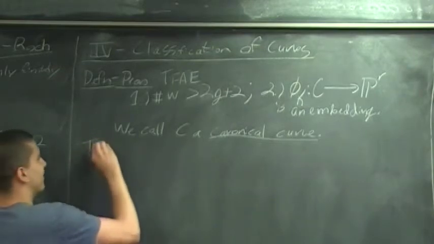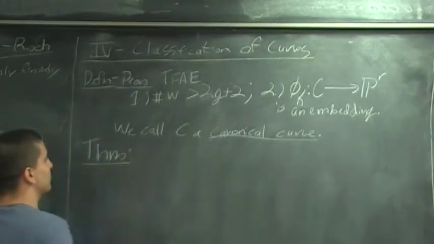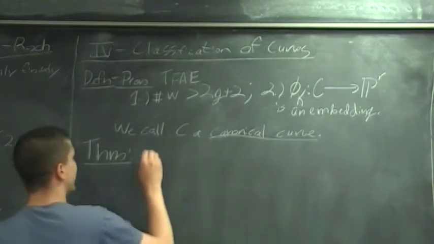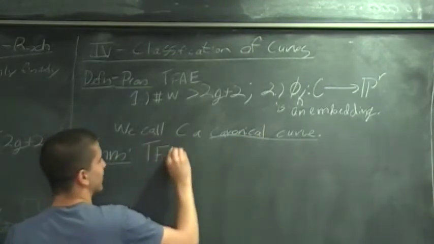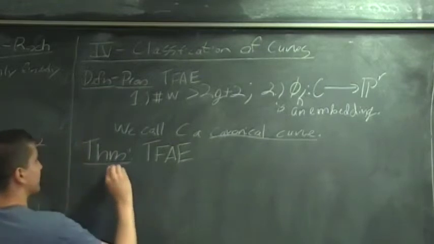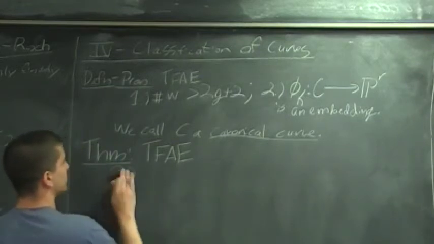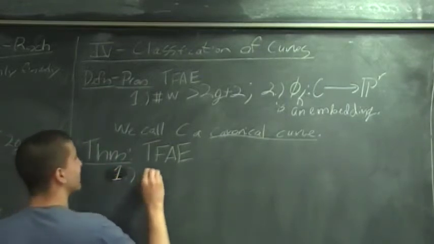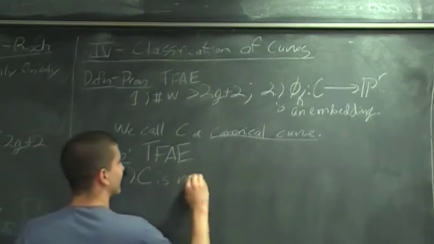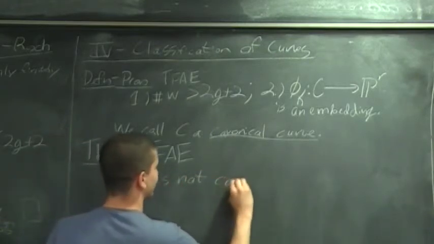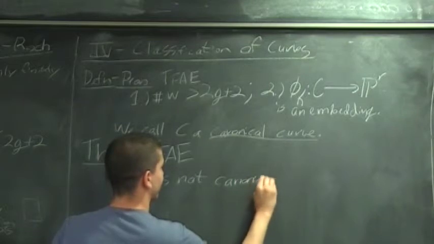So the last fact that I'm going to write down is that the following are equivalent. Whoops, start at 1. C is not canonical.